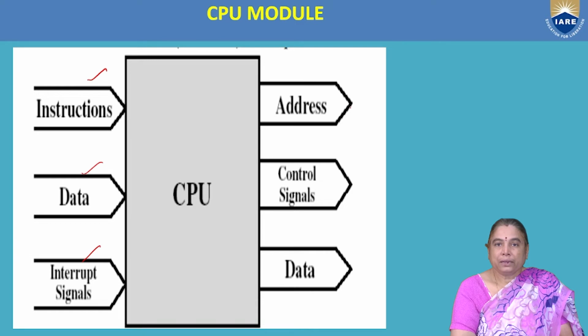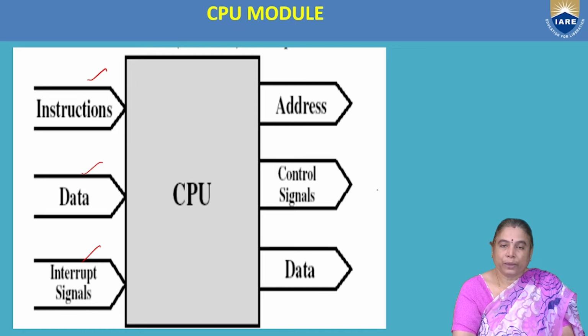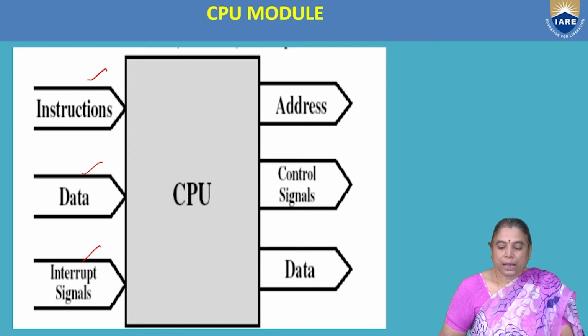Which operation to perform, either the read operation or the write operation, is decided by the control signals that are generated. So the CPU module can receive instructions, data, interrupt signals, and it can issue the address and data to activate the memory based on the control signal, which says what operation is to be carried out on the memory.